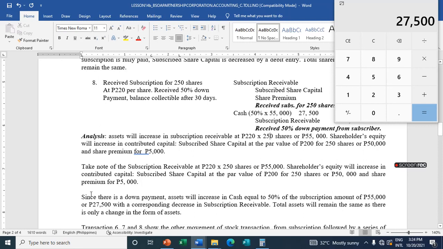So, subscribe share capital at the par value of, ayan, yung 200 for 250 is 50,000. So, may share premium siya na, sabi ko kanina na, 5,000. Okay? Take note that subscription receivable is 220 times 250 shares, 55,000. So, shareholders' equity will increase in contributed capital.